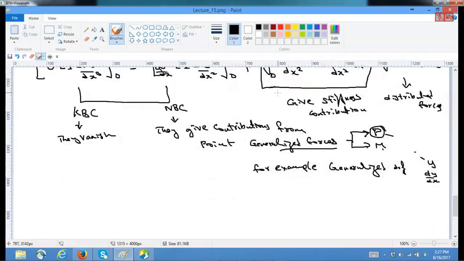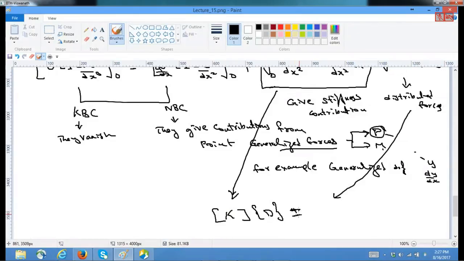This fellow will give us something like some k times d, and this fellow, let me put it on the other side, will give the contribution due to the distributed forces, and this term will also contribute and give you point loads.